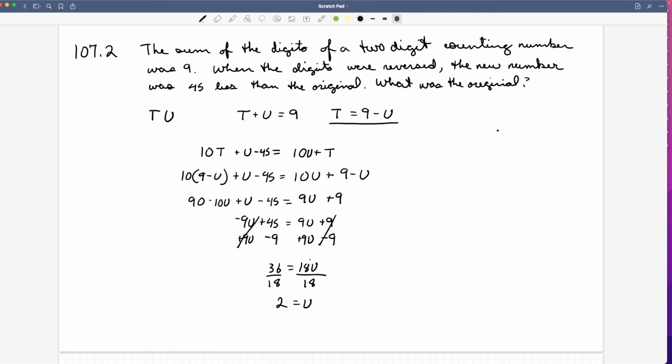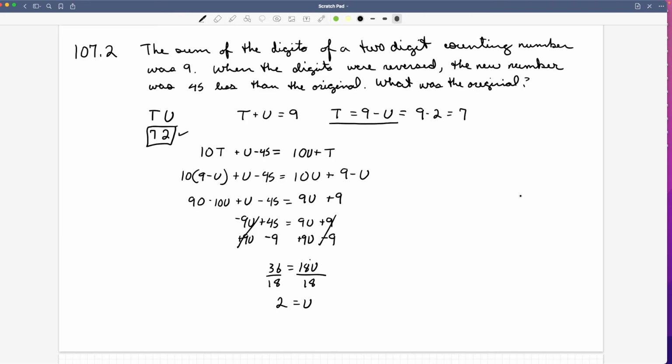All right, so if this is the value of t, 9 minus 2 is equal to 7. So in the original number, t is 7 and u is 2. So the original number was 72, and that is correct.